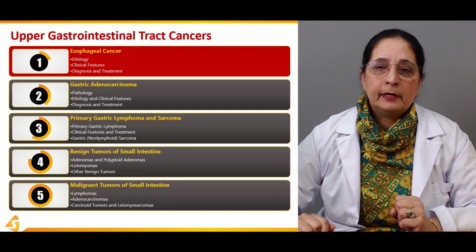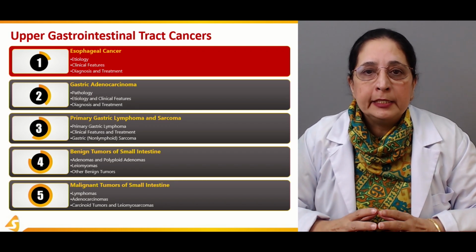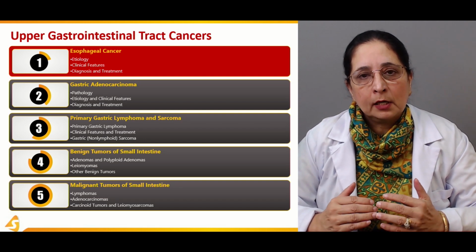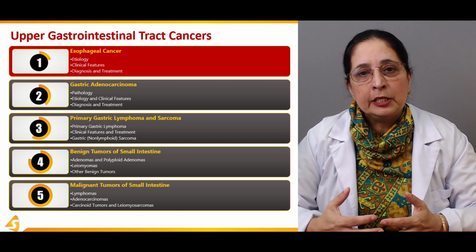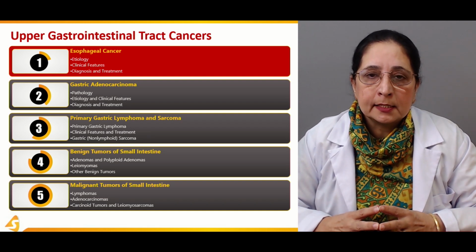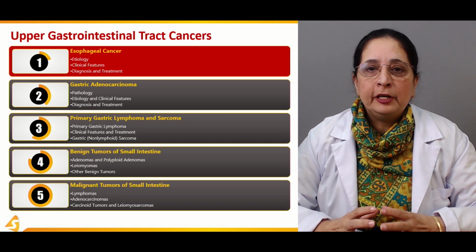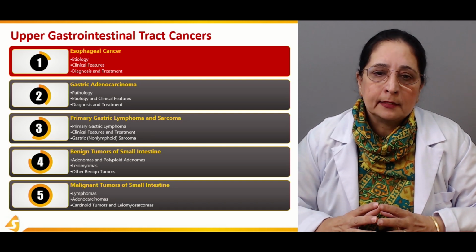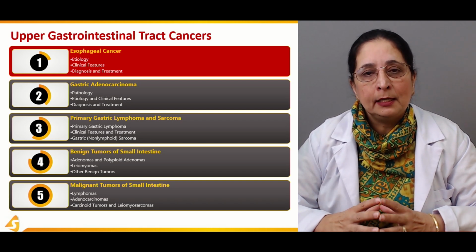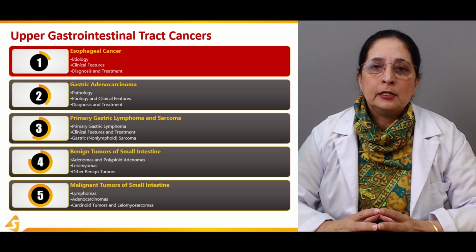When we talk about esophageal cancer, we will focus mainly on the different causes or etiologies that can cause esophageal cancers, the clinical features of esophageal cancer, and how we diagnose and treat the cancers of the esophagus.